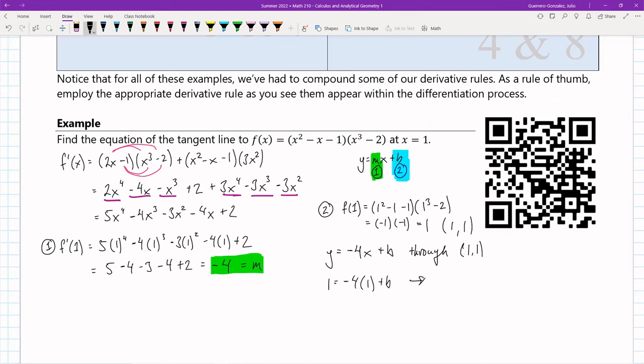And if you do this all right, b should be equal to 5. We found b. Okay, so y is equal to minus 4x plus 5. We are done.